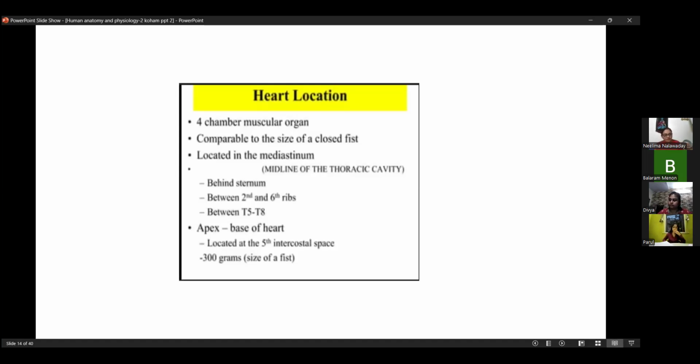Apex is located at the fifth intercostal space. So apex is downwards and it is located between the fourth and fifth intercostal space. And it is 300 grams, the size of a fist. That is simple anatomy and location of heart.